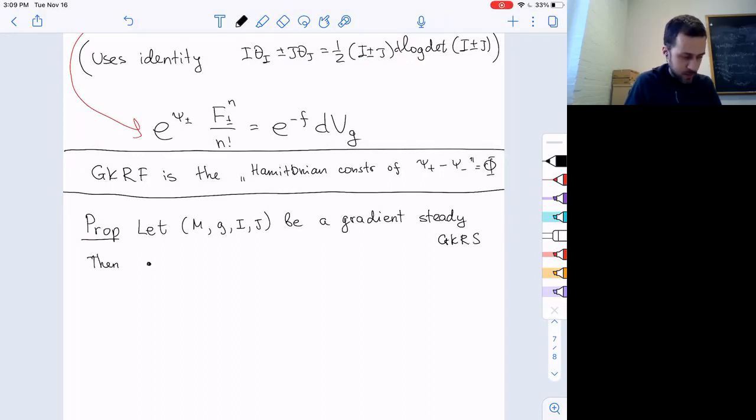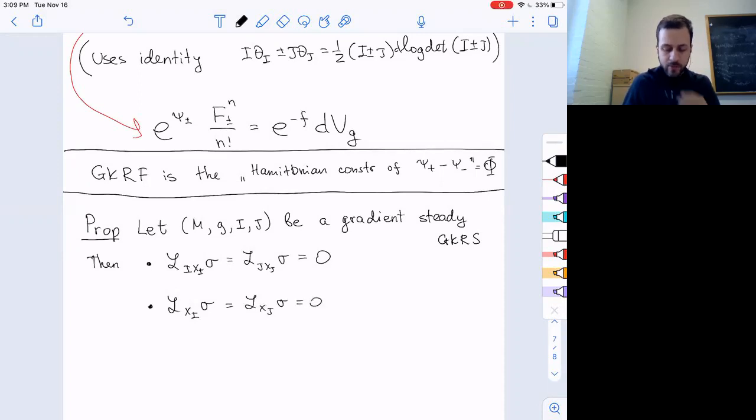First, that the Lie derivative of I xi sigma and the Lie derivative of J xj sigma both vanish. And as a consequence of that, we can conclude that the derivative of sigma with respect to xi and the derivative of sigma with respect to xj also vanish. So they preserve the Poisson tensor.